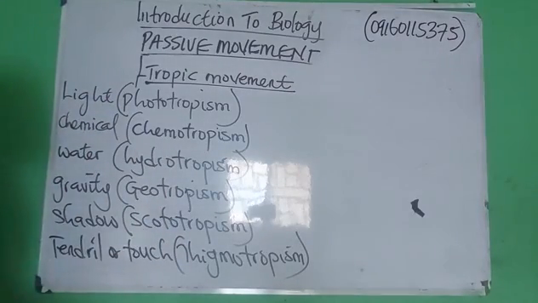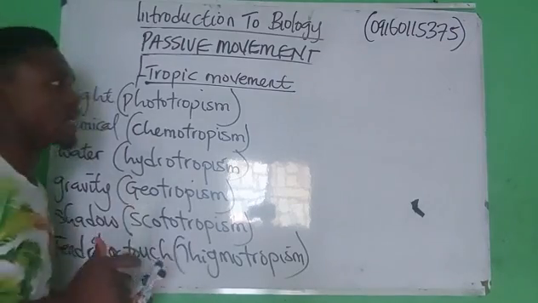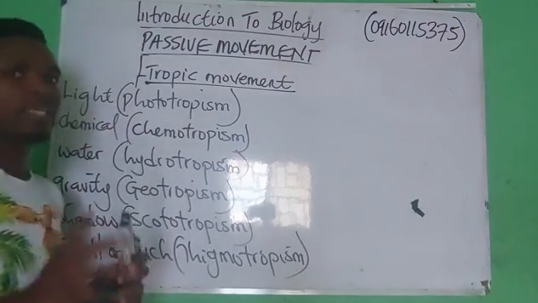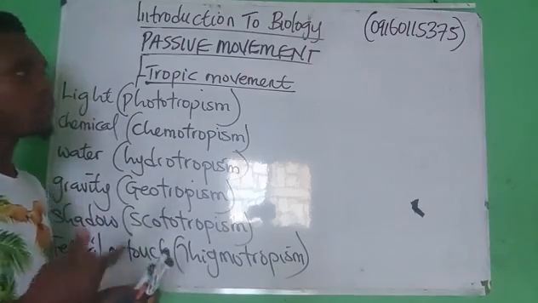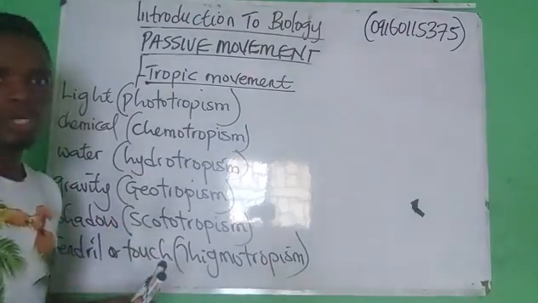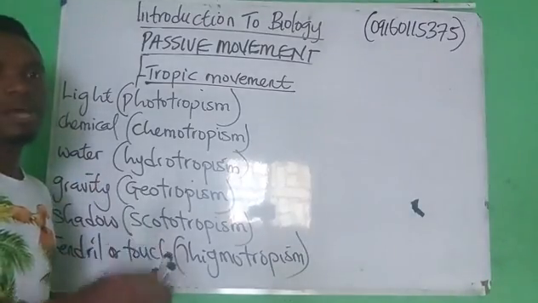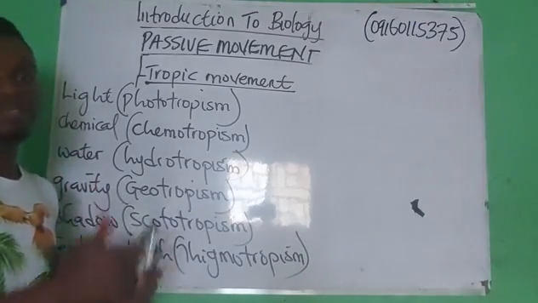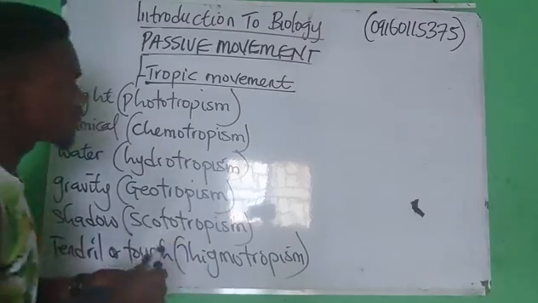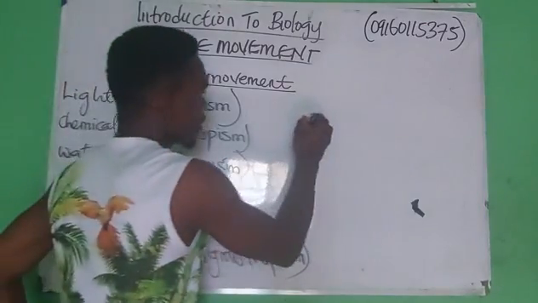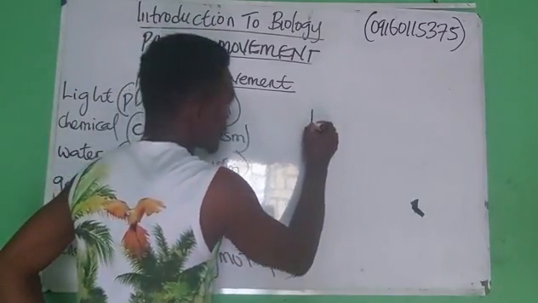Very, very important. Now, using a diagram to explain what I have here is very easy. JAMB will ask you, the shoot of plants is dash. We do not know, so let's use a diagram to explain it.